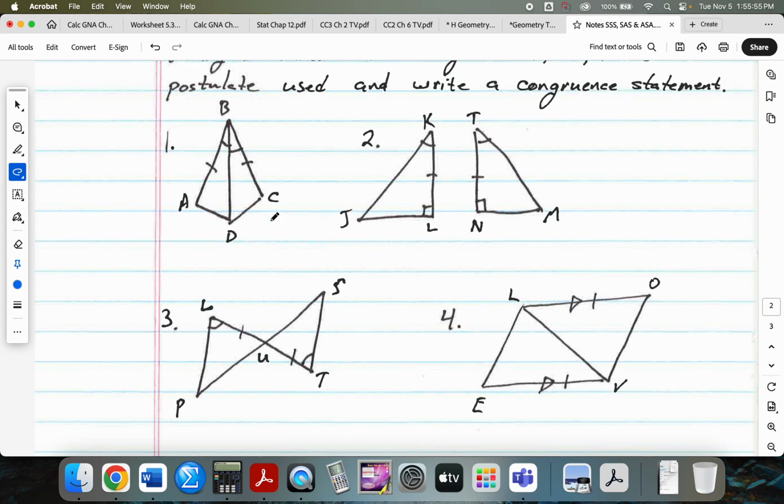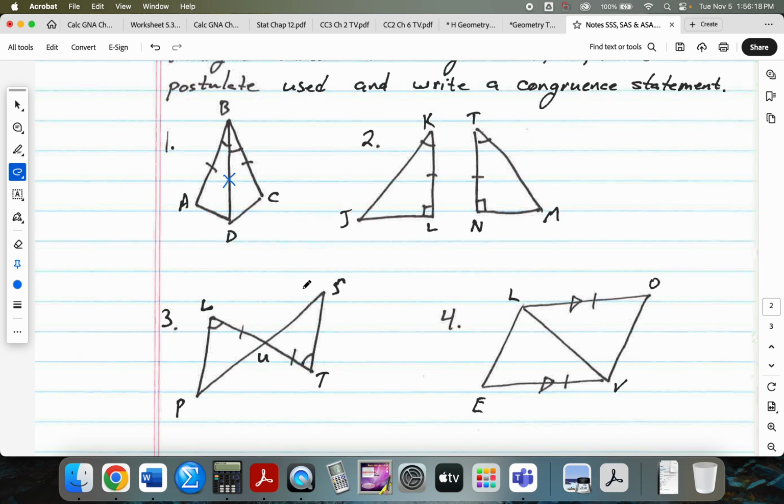For this first one, and this is going to happen a lot, there's not enough marked on the diagram. There's only one pair of congruent sides and one pair of congruent angles. But see how these two triangles are stuck together right here? We can say that this side is congruent to itself by the reflexive property.